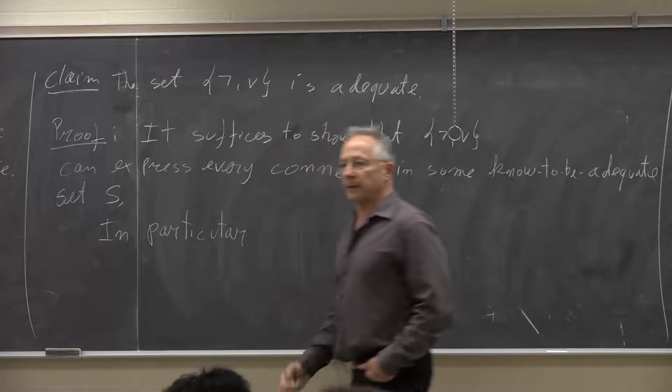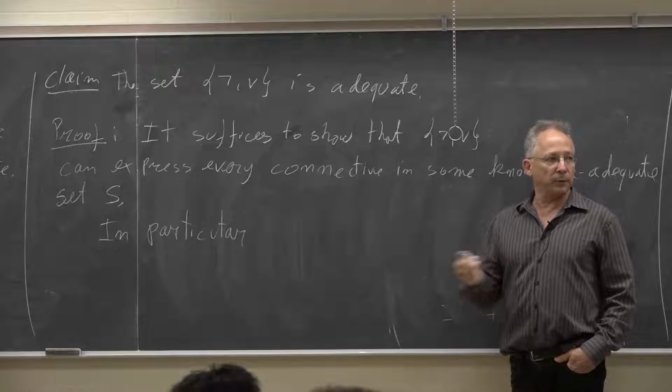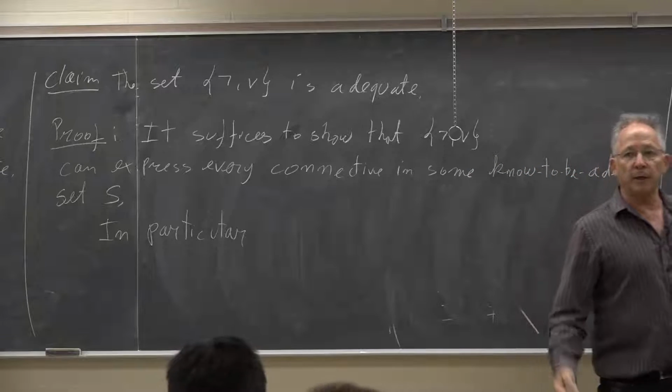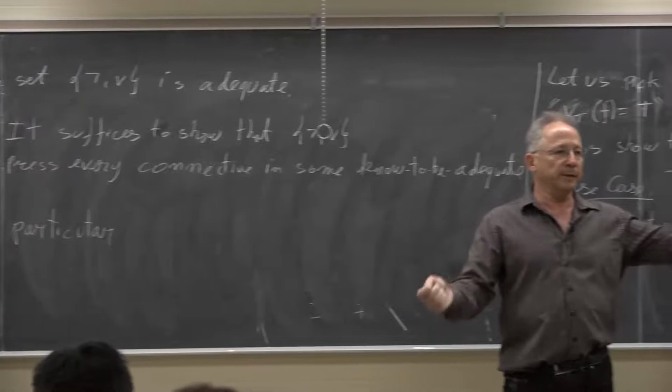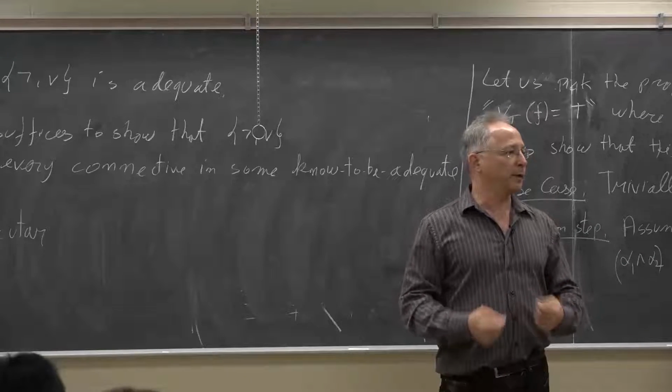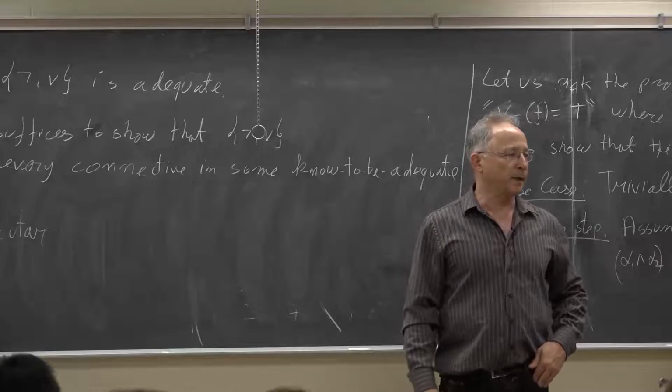Because if I can express every component of an adequate system, now I have some function. I will first express it by the adequate system, and then I replace all the components by something expressible by these.